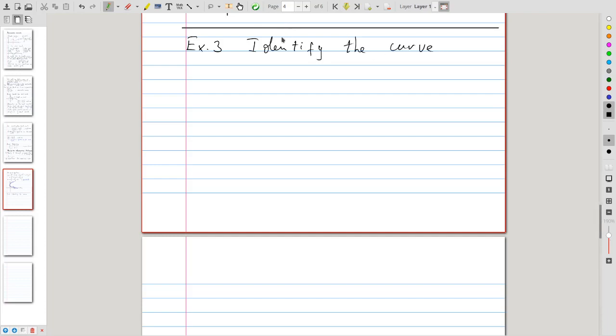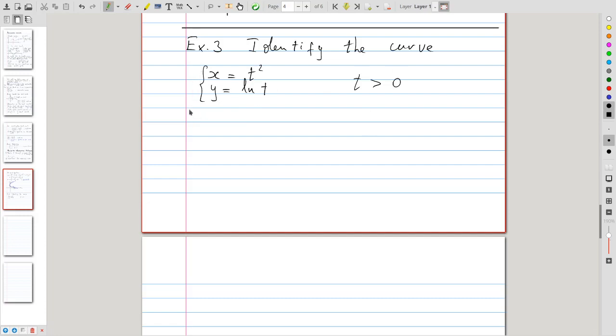The parametric equation given here is x as a function of t equals t squared, y as a function of t equals log t. And t here has to be positive. Obviously, we won't be able to plug in negative or 0 t into the log here. So this is a natural restriction.